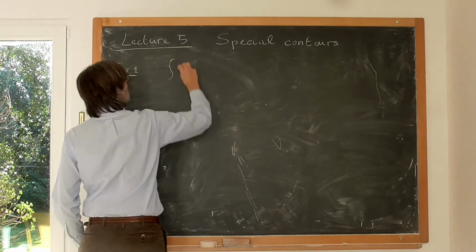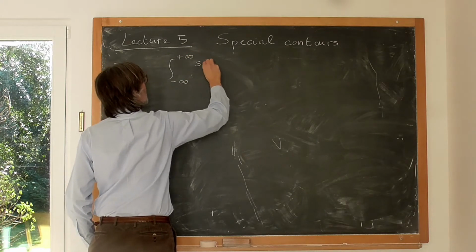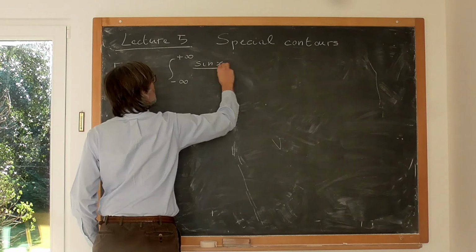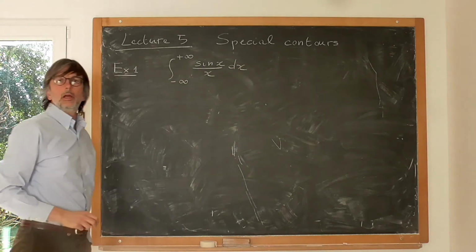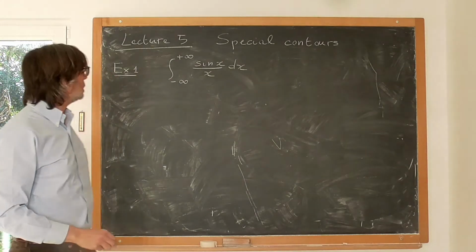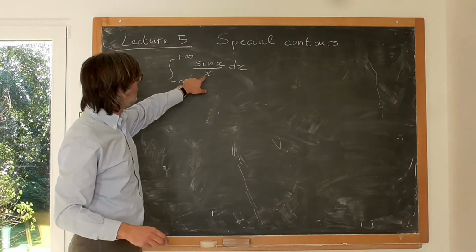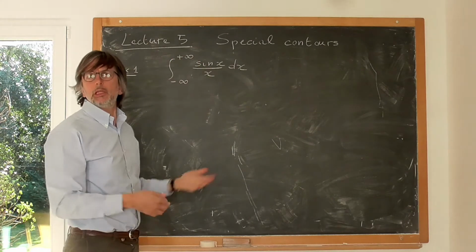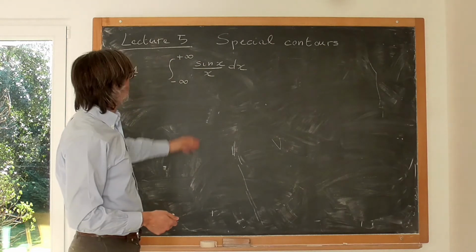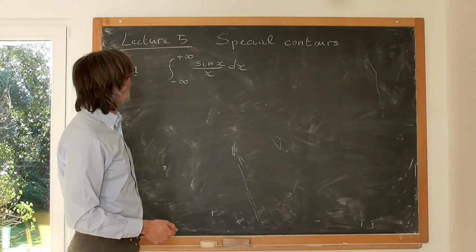we would like to compute the integral from minus infinity to plus infinity of sin x divided by x dx. Okay? This improper integral. So, first of all, notice that here there is an apparent singularity at the origin, but this is actually a removable singularity even for the function sin x over x defined on the whole complex plane.